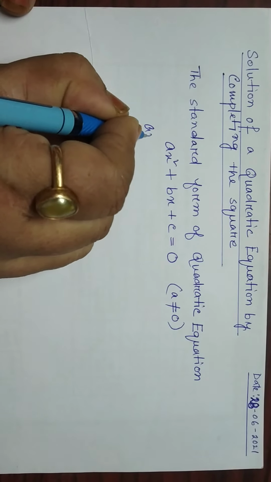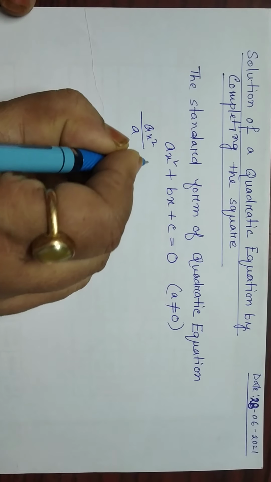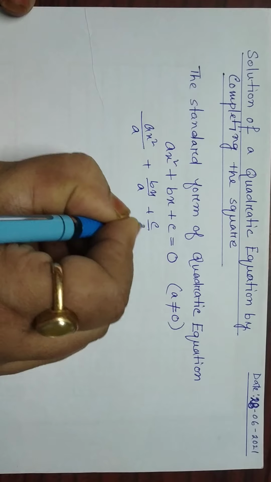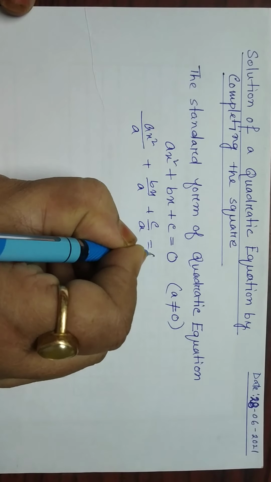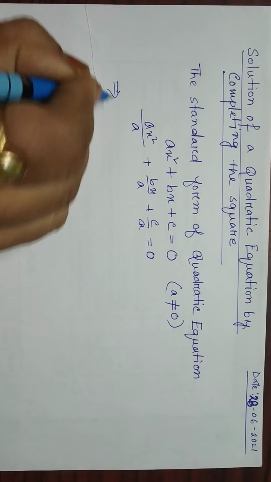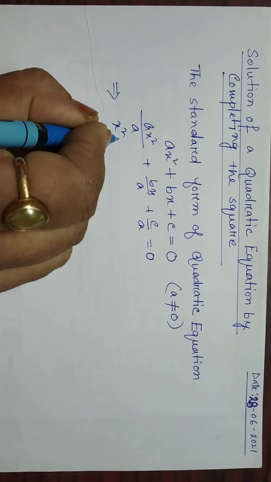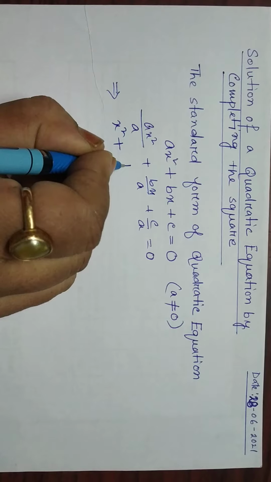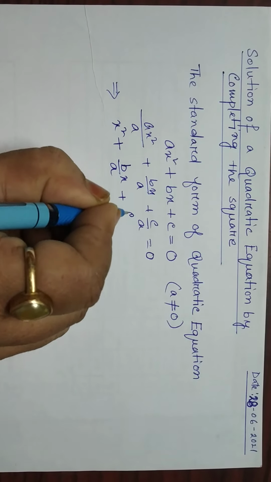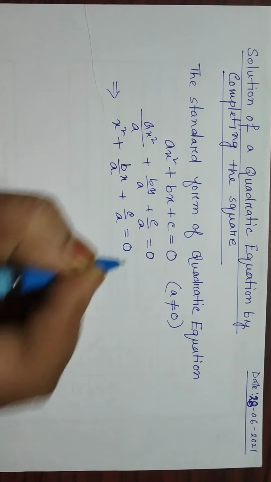That means ax square by a plus bx by a plus c by a equal to 0 by a, which is 0. This implies our equation will be x square plus b by a x plus c by a equal to 0.